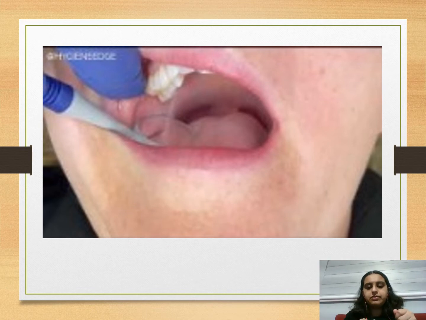Pick it up, feel for any weird salivary stones sometimes, or if there's a bite mark there, ulcers, things like that, just so you're aware, and then you see if there's anything free-flowing with the saliva as well, and then you want to check the sides of the tongue.